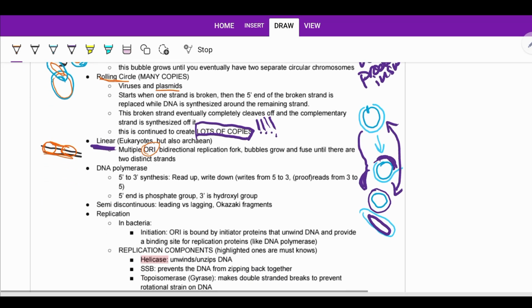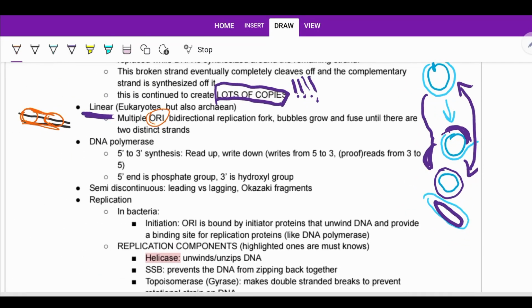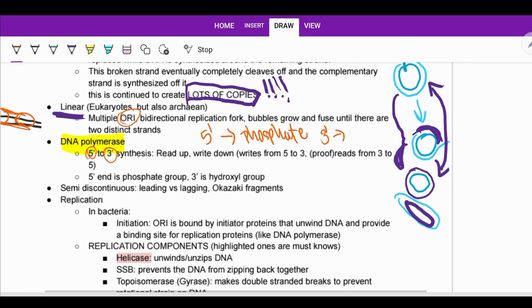So what are the actors involved in this? DNA polymerase, a big one. It synthesizes from the 5' to 3' side. The 5' side is where the phosphate is, and the 3' side is where the hydroxyl group is. But really you need to know where it goes: 5' to 3', always.